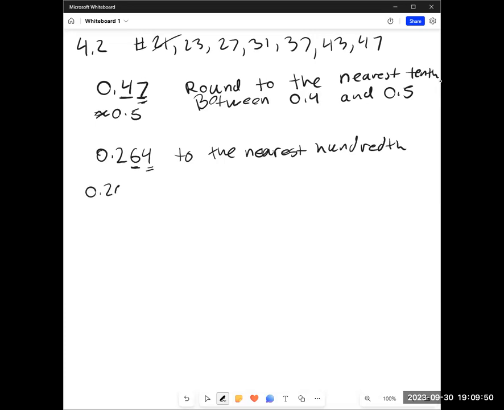This is somewhere between 26 hundredths and 27 hundredths. And 264 thousandths is closer to 26 hundredths because the thousandths place value that we're looking at to determine our rounding rule is less than 5. Right?